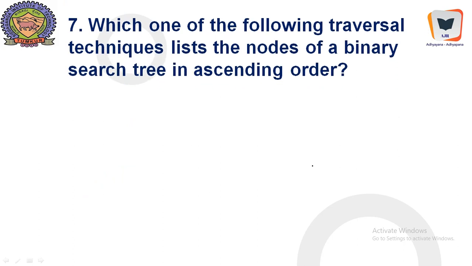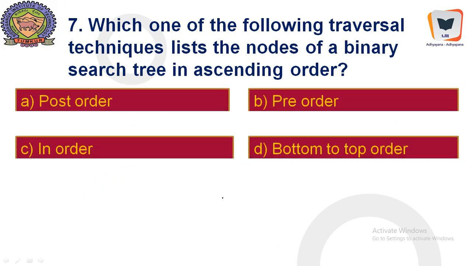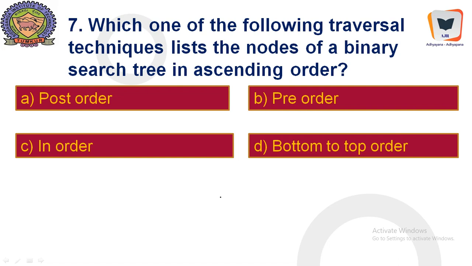Seventh question, which one of the following traversal techniques lists the nodes of a binary search tree in ascending order? So we will just make a sketch of a binary search tree. Of course, binary search tree is an ordered tree. Let us say this is the root node, and an element to the left of this root node should be lesser than this.